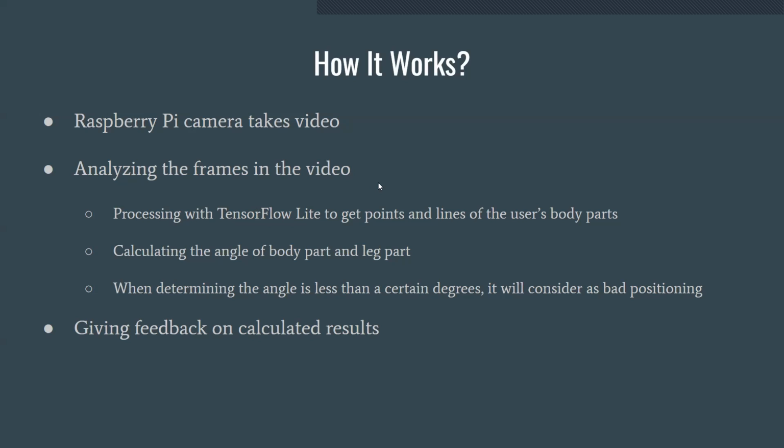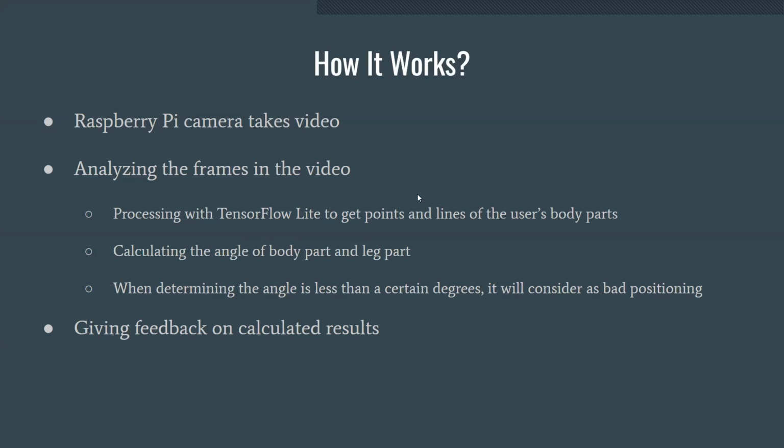It's a deep learning AI system that can mark a person's body parts. To mark a point, it returns the coordinates of the points that it marked on the photo.